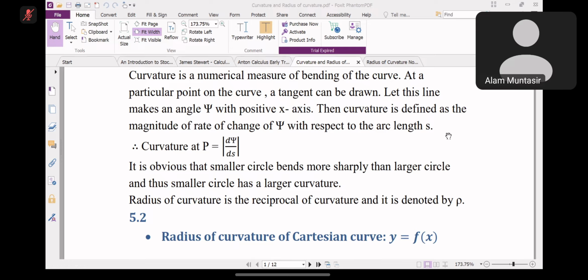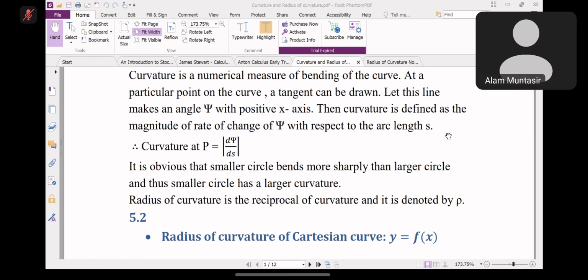So if the circumference is too small, then the curvature is more sharp. That means the bending tendency is too frequent in that kind of curve.